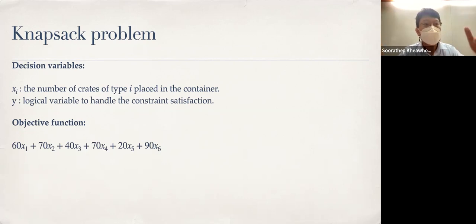So the whole objective function can be 60x1, because 60 is the value of type 1, plus 70x2, 40x3, 70x4, 20x5, and 90x6. You understand the objective function, right?